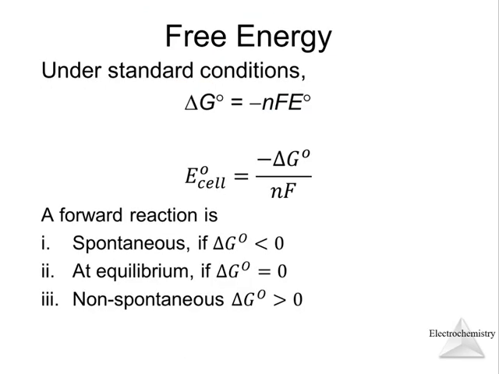So you know that if the reaction is spontaneous, delta G is less than 0. If the reaction is at equilibrium, delta G is equal to 0. If the reaction is non-spontaneous, then delta G is greater than 0. So these are actually opposite to cell potential, because for a spontaneous reaction, cell potential is greater than 0, while delta G is less than 0. So basically the change in G is opposite to the cell potential.